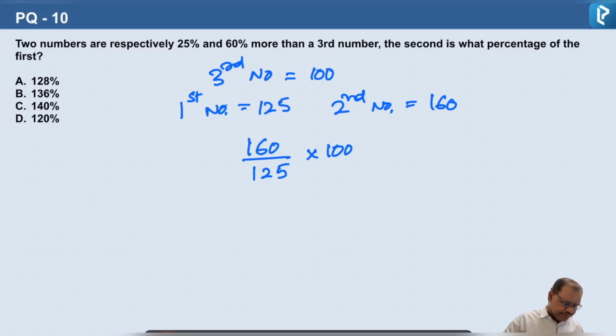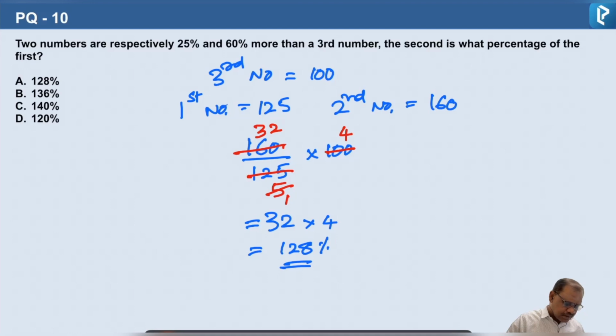Simplify this. 25 fives, 25 fours, 5 ones, 5 32s. 32 into 4 is equal to 128%. That means the second is 128% of the first.